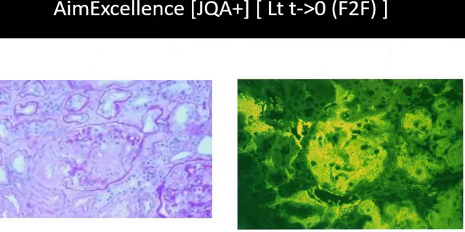Another condition where you can find the Kimmelstiel-Wilson lesion, KW lesion, is amyloidosis, and it is renal amyloidosis in most cases.